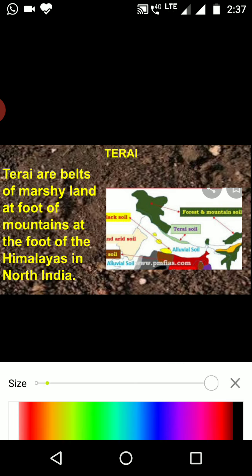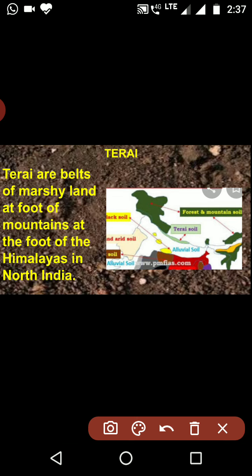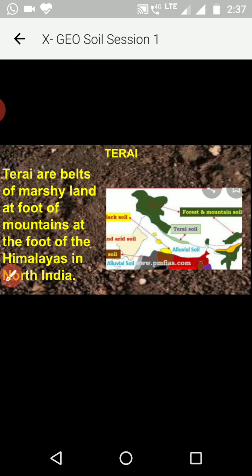Here they have shown this section. You will find only the green shaded region, only this small part, not the whole part, right? Only this small part is basically the Terai soils, not the complete alluvial. So likewise, only the foothills in Uttar Pradesh and so on are known as Terai.